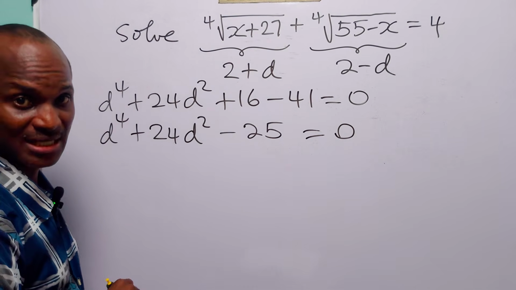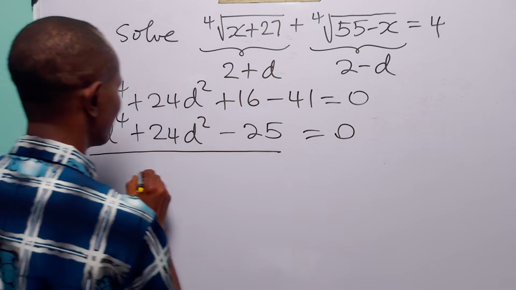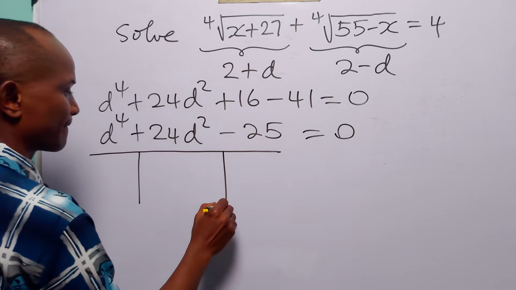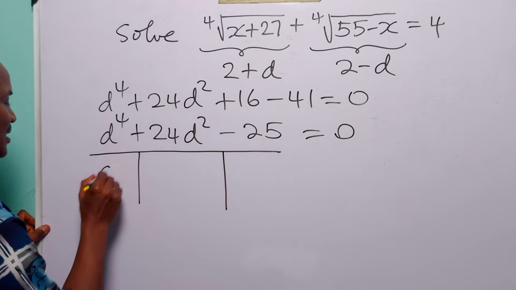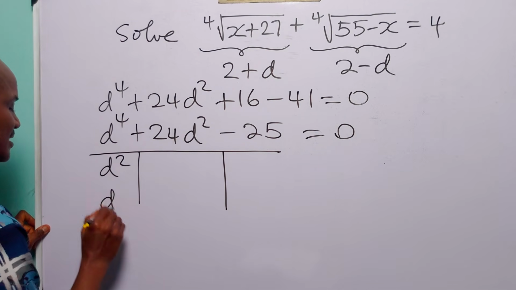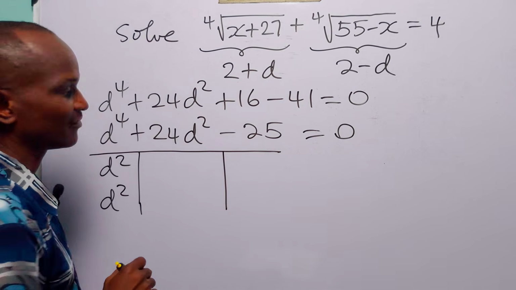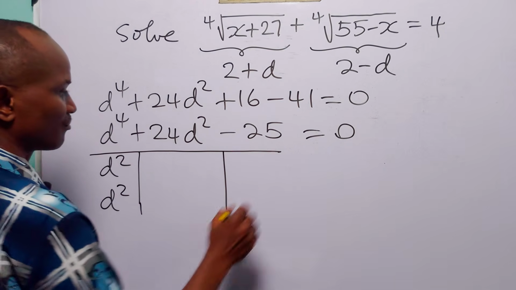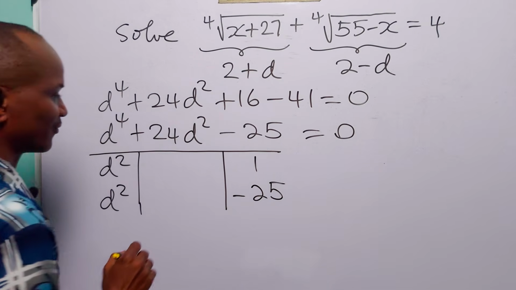We can solve this equation by factorization. Let us use the table method. What are the factors of d to the power 4? We have d squared times d squared. What are the factors of minus 25? We have 1 and minus 25.